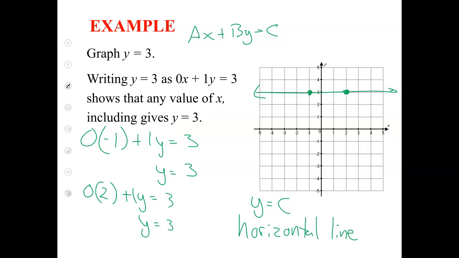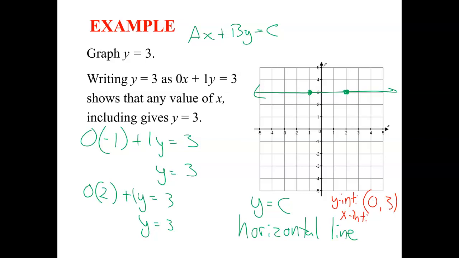Since we're talking about intercepts, what is the y-intercept of that line? There's my y-intercept: 0, 3. What about my x-intercept? There won't be one.